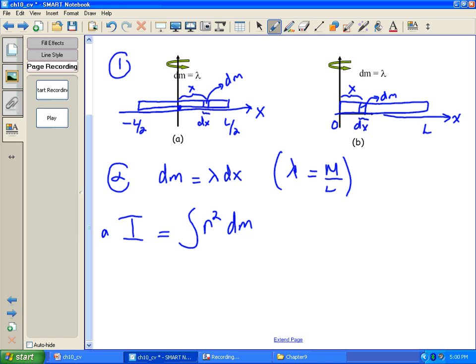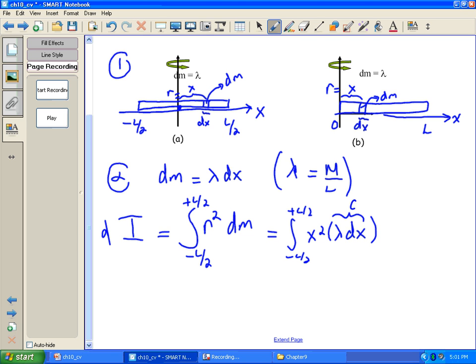Anyhow, let's see. In part A, here's what we have. We're summing all the dm's from minus L over 2 to positive L over 2. r is the position of the dm relative to the axis of rotation, so r is equal to x in both cases. So we have the integral from minus L over 2 to positive L over 2 of x squared dm, where dm is lambda dx.